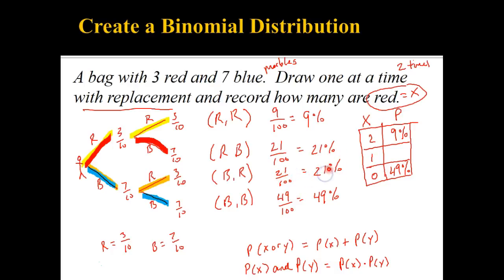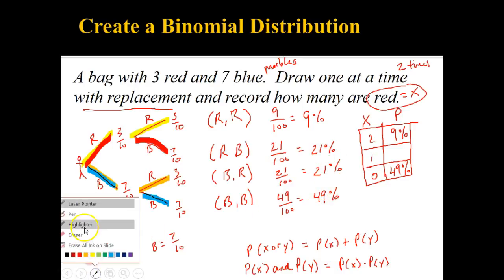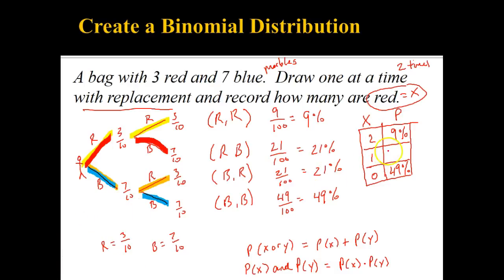The probabilities are the same, 21%. The probability of doing one or the other of those 2 choices is these 2 probabilities added together. So we add 21 plus 21% to get a total of 42%. So the probability of drawing 1 marble out of this situation in 2 draws is 42%.